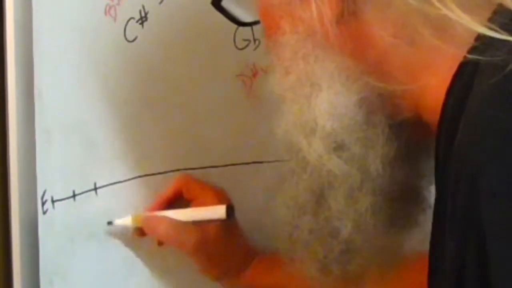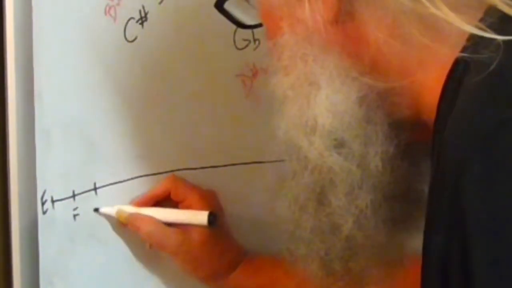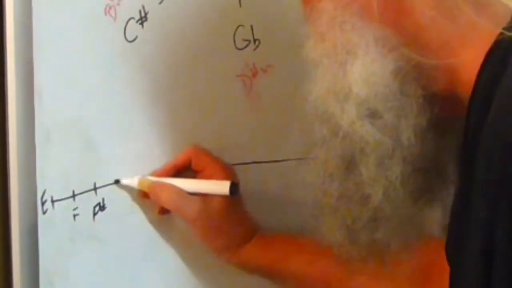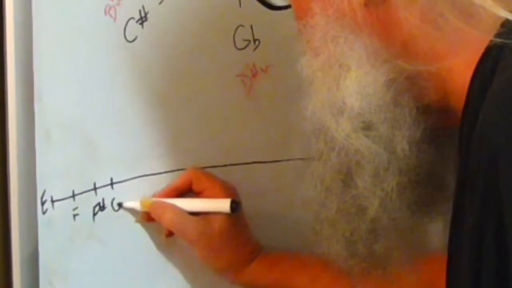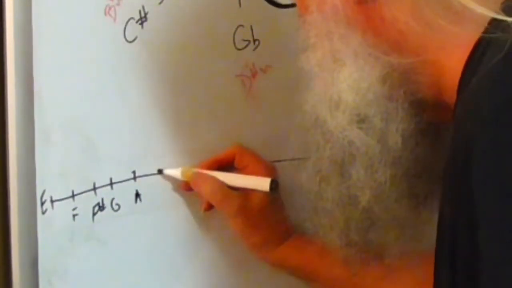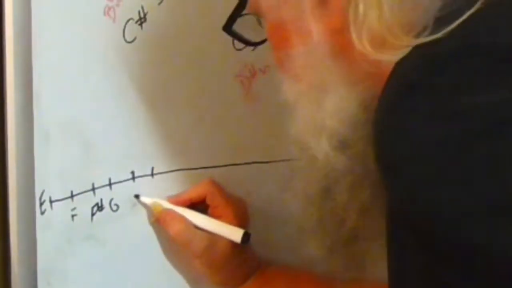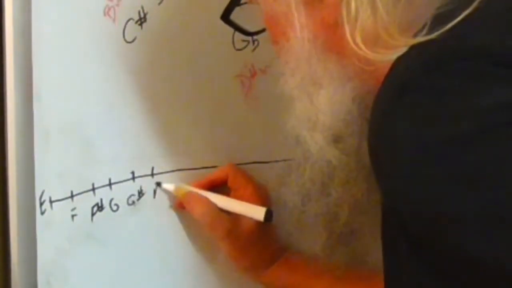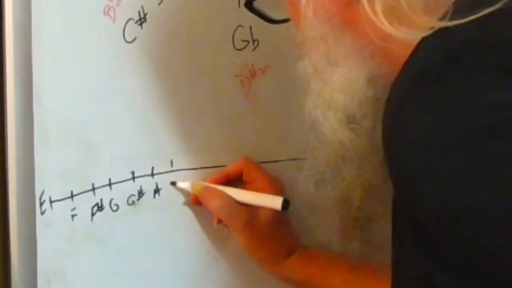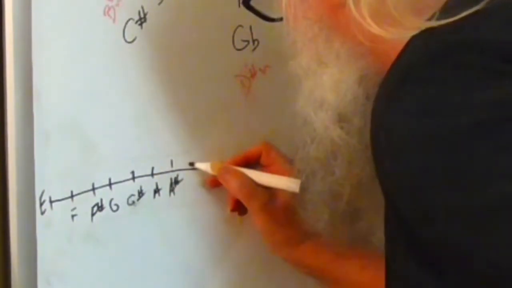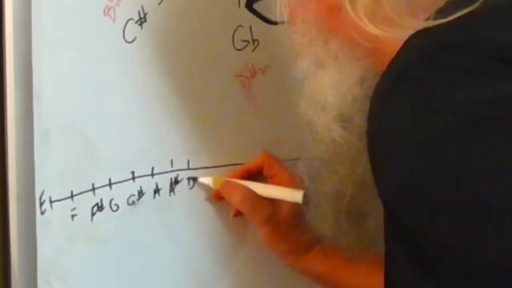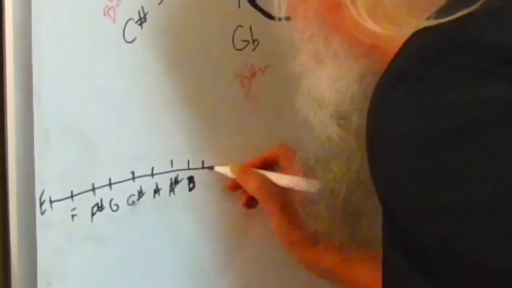So you've got E, F, F sharp, G, A, G sharp, A sharp, B, C.